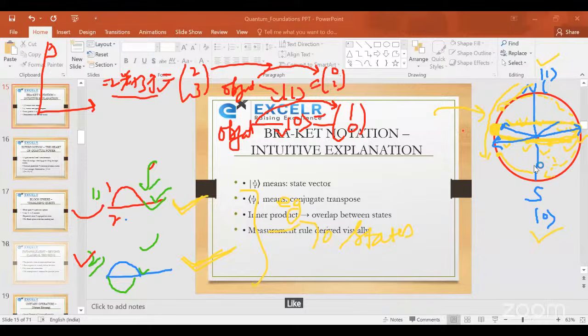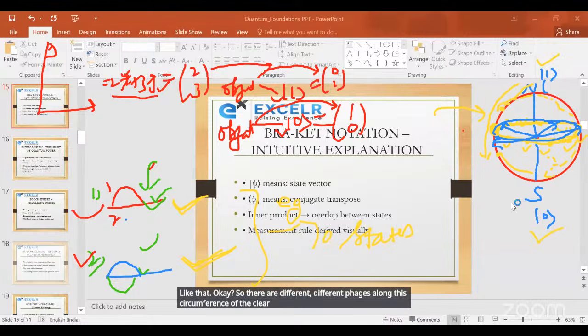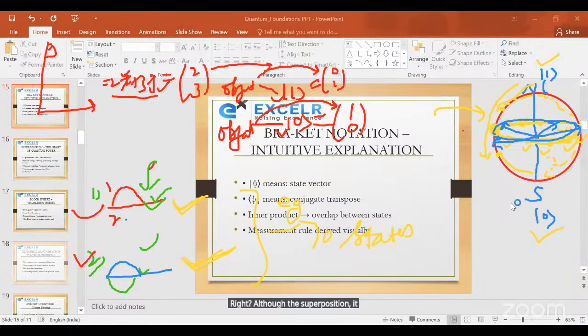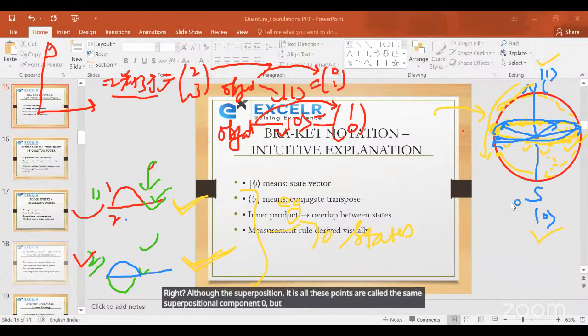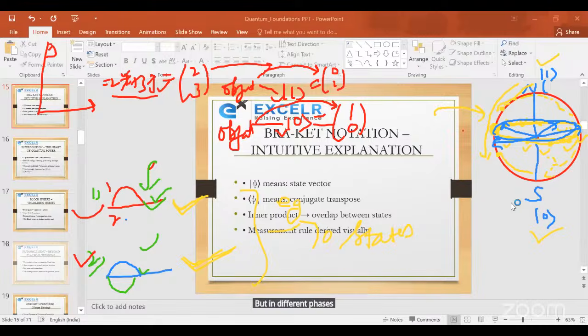So there are different phases along the circumference of the great circle. Although all these points are the same superposition of 1 and 0, they are in different phases. So just understand this Bloch sphere.